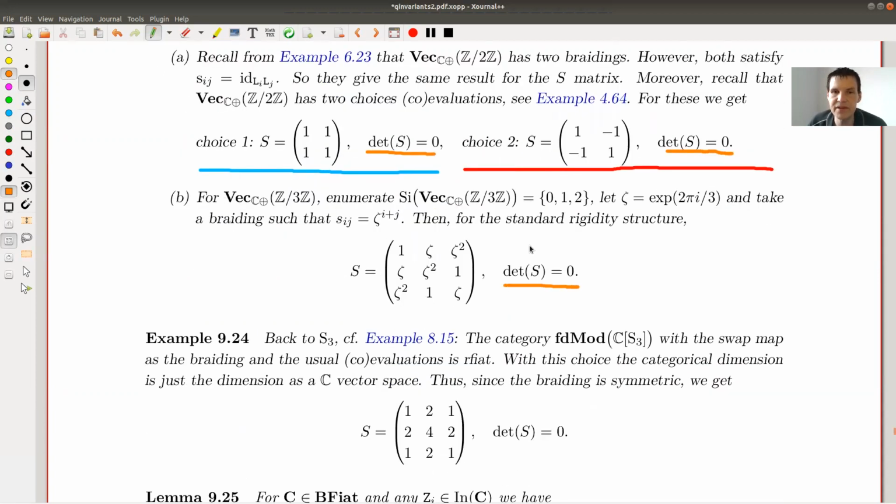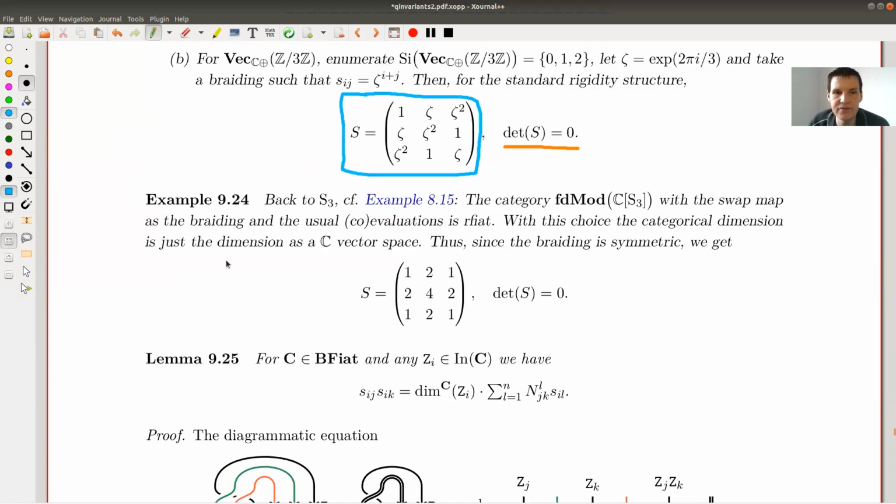Similarly, for the ZMod 3 example, which I did here in all details, you can read it carefully as usual, right? I haven't said that, but as usual, the link to the file is in the description. And this is how it looks like. And if you do some more examples, you still realize this thing is very often degenerate.